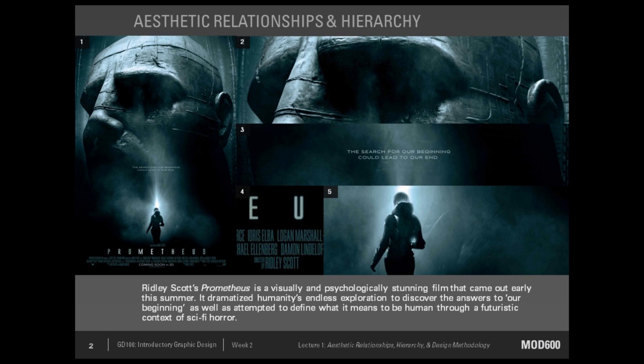And what that does is, when you move away from it and you look at it, it makes it much easier for you not to notice the individual letters, but to just see the shape that they make. The credits themselves aren't supposed to be the main focus of this poster. So it makes sense that, as a micro aesthetic, they would not give them a typeface that's not condensed, for example. That would be more legible, because really what they want you to see is the message, the search for our beginning could lead to our end.